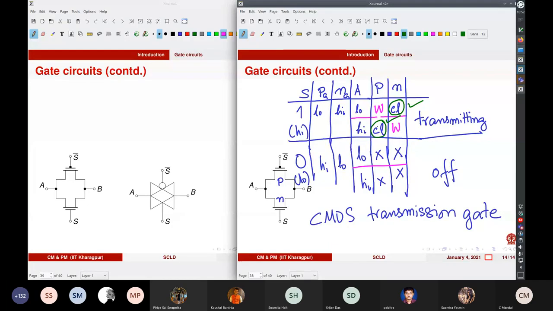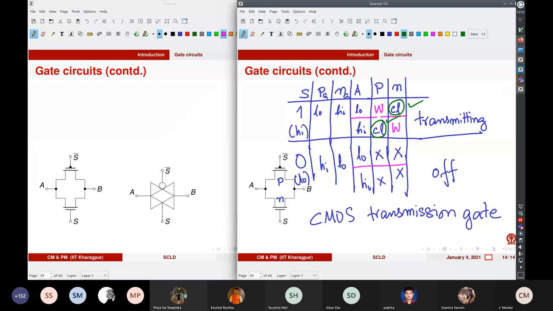All right. So these are the cases when the gate is transmitting, and these other cases are kind of irrelevant because you have one transistor which is transmitting. This transistor is in parallel with that. So it transmits weakly. So it's okay, it doesn't create a problem.